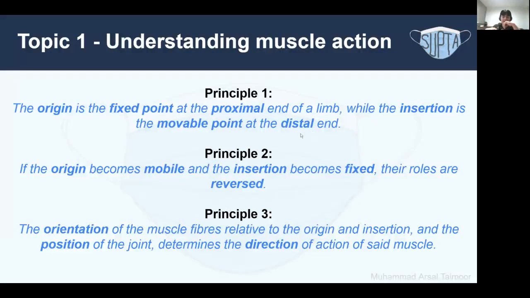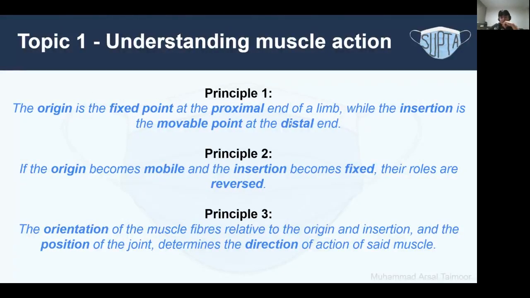So the origin being that fixed point. Think of a wheelbarrow, with the fixed point being the wheel, and then you're moving the wheelbarrow up and down. That's the movable point, which is where your hands are really. That's the insertion.